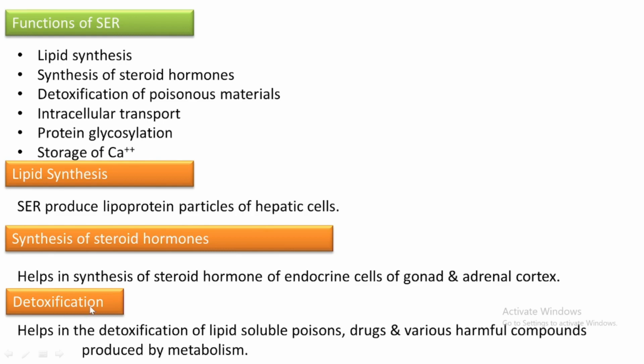Then detoxification, to remove the toxic effect of certain materials like lipid soluble poisons, drugs, and many harmful compounds produced by metabolism. All of these need to be detoxified, and that detoxification is also done by smooth endoplasmic reticulum.